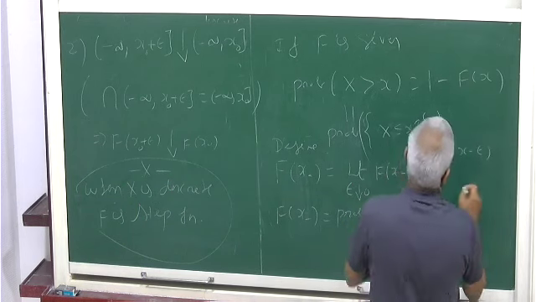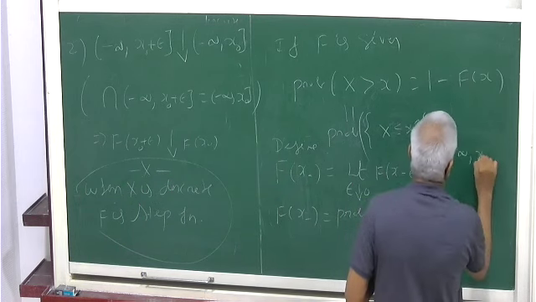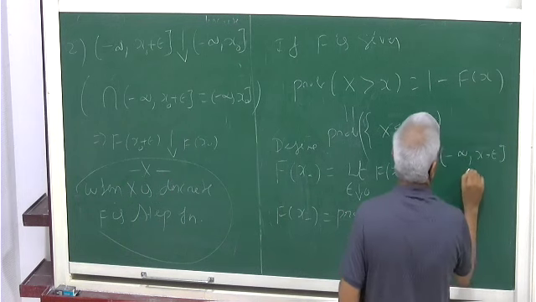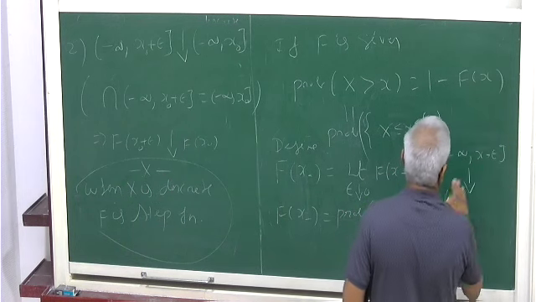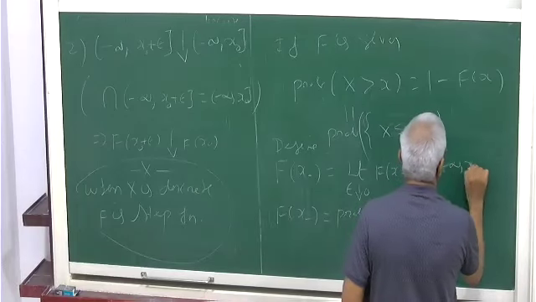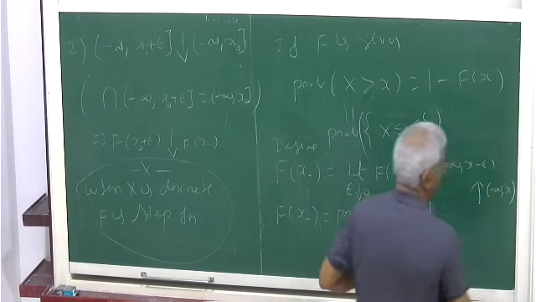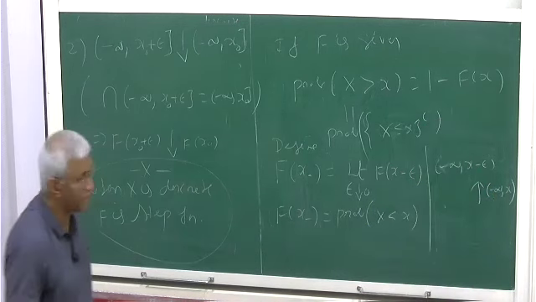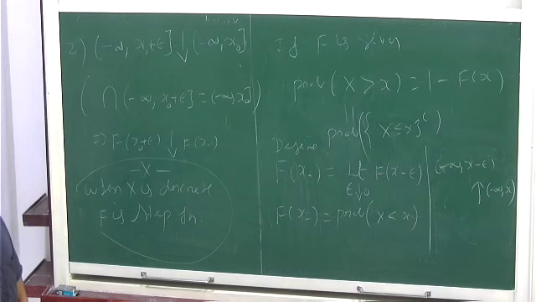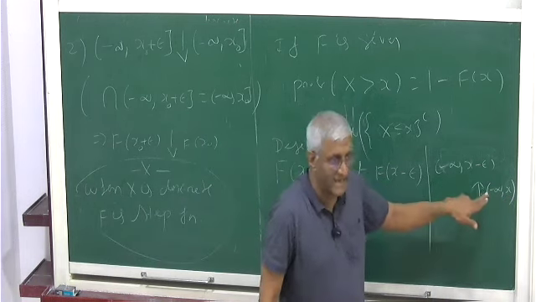That's because F of x minus epsilon is the probability of the set minus infinity to x minus epsilon. This set will increase to minus infinity to x, the open interval. It will contain all points up to x, but it will not contain x.